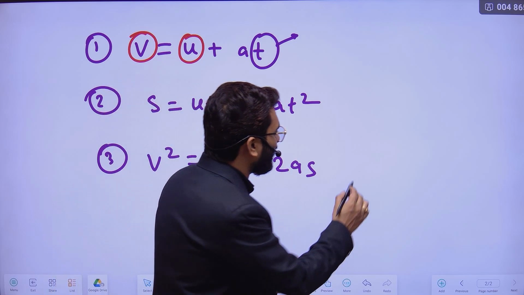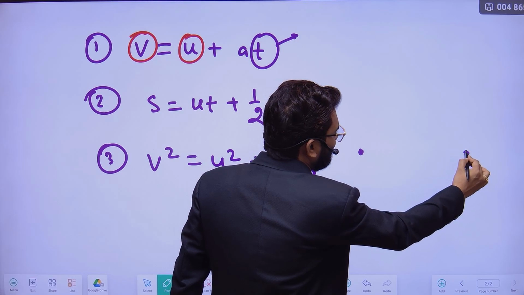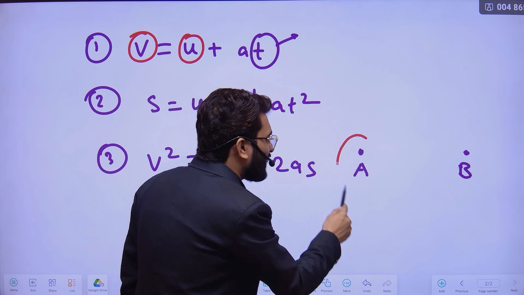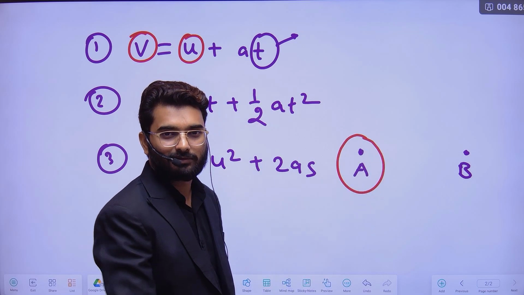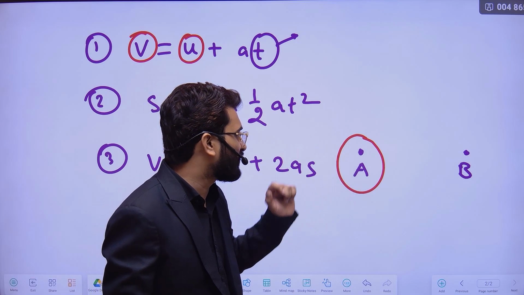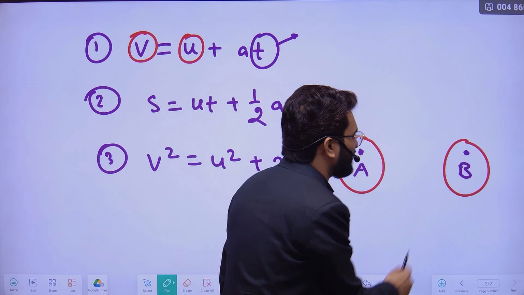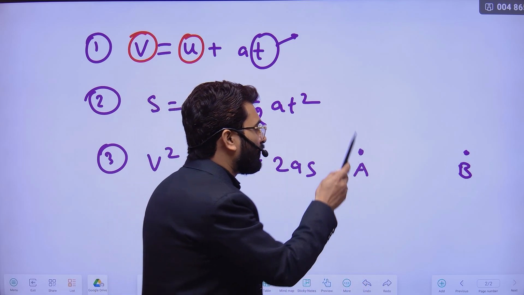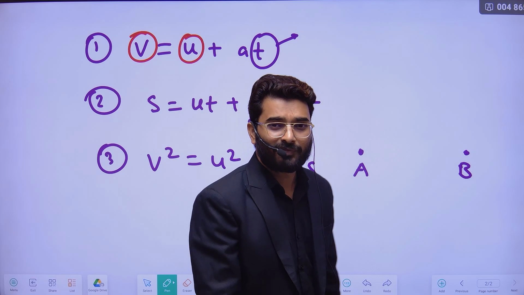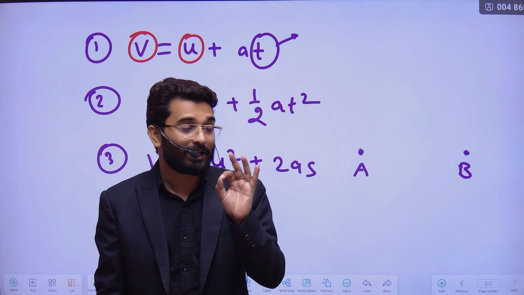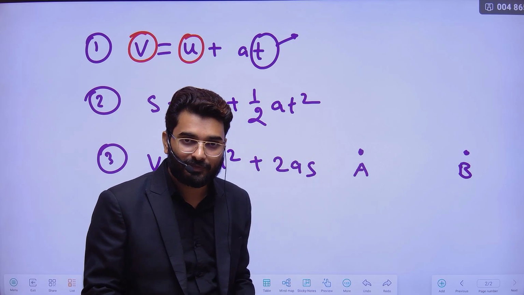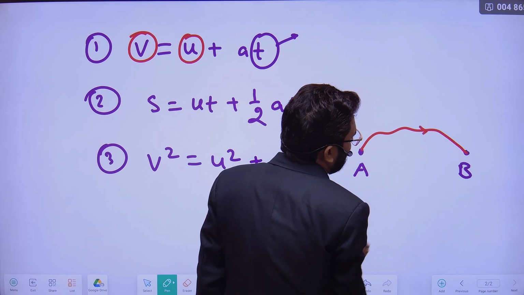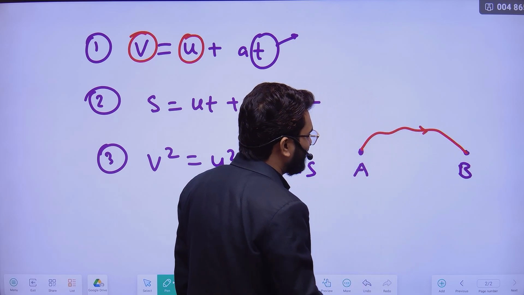Let me suppose we are moving from point A to point B. Point A is the initial point, the initial position, and this is the final position. If someone wants to go from point A to point B, there are so many ways to reach point B from point A. If someone says I want to go with this path, then this path we also consider as a distance.